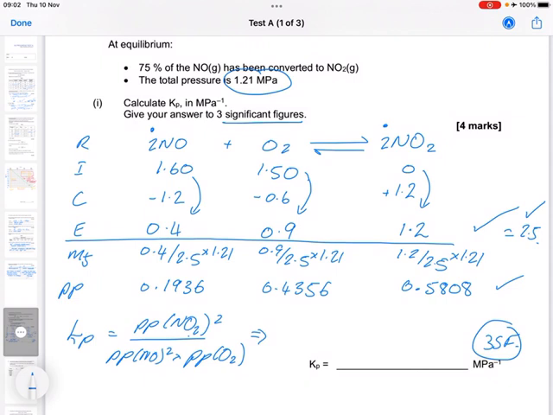So that is 0.5808 squared over 0.1936 squared times 0.4356. That gives us an answer of 3 significant figures. Here's my reminder here. So 20.7.